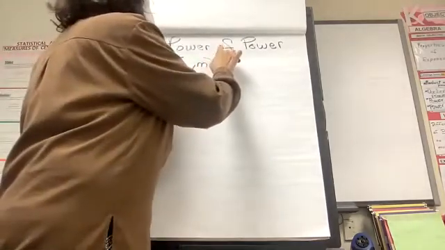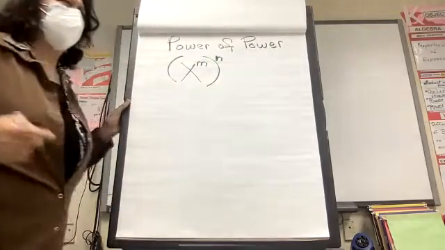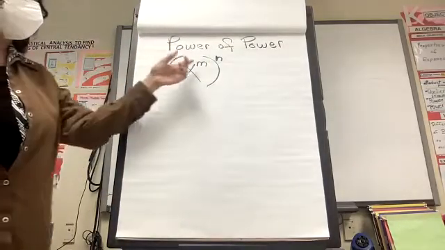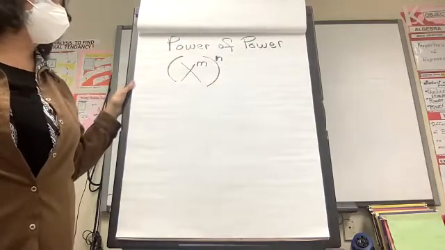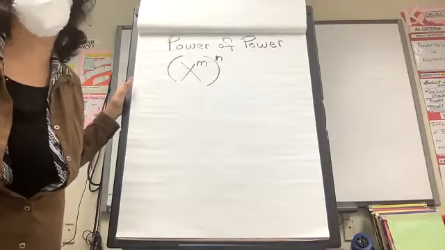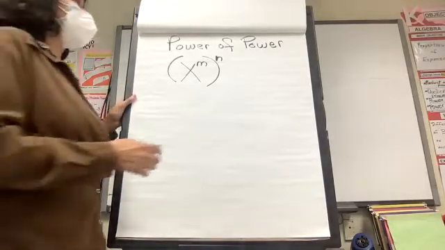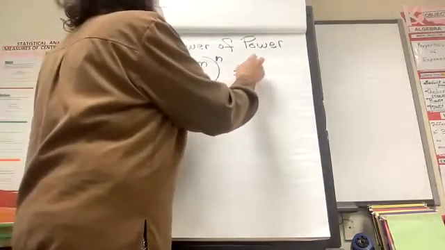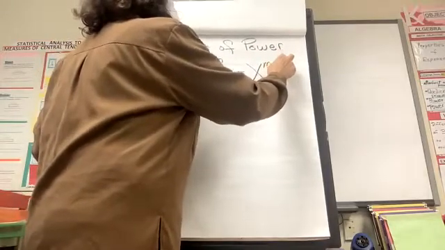So x to the m, and then let's take that whole thing to the n power. Now that is very powerful because we're dealing with 2 powers here, a power of a power. So I like to say a power of a power is a very powerful thing. So you multiply the power because it's so powerful. So it's x to the m times n.